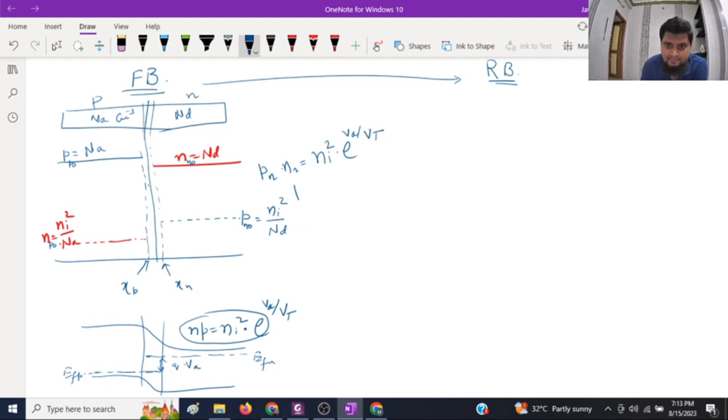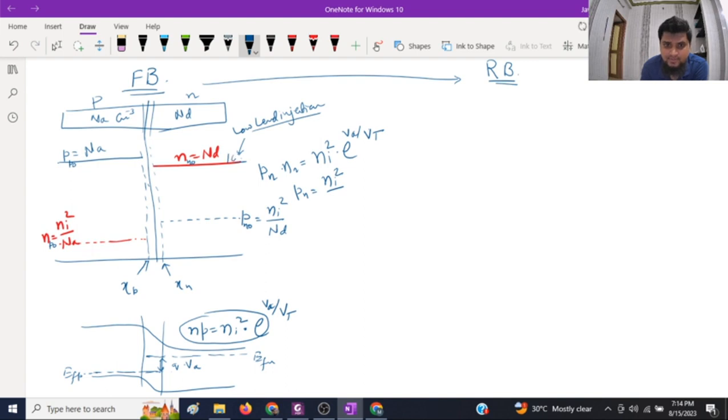You can write it as Pn is equal to Ni square upon N, because this N is a majority carrier, so this is not going to change in case of small or low level injection. So in case of low level injection criteria, this N is not going to change, it will work as a buffer stage.